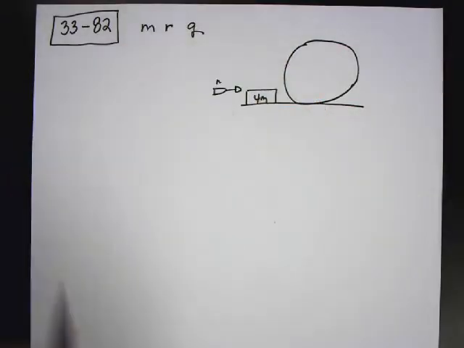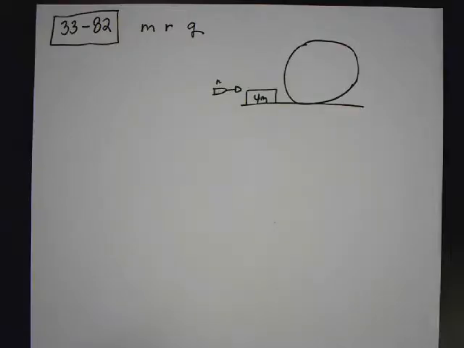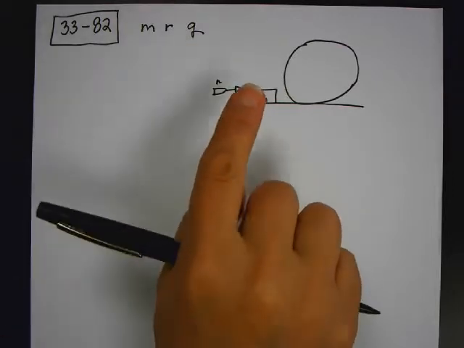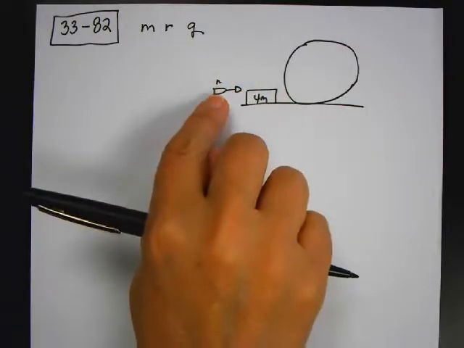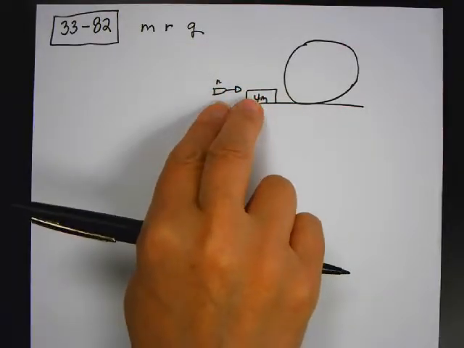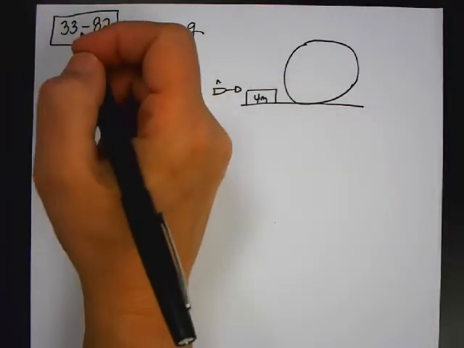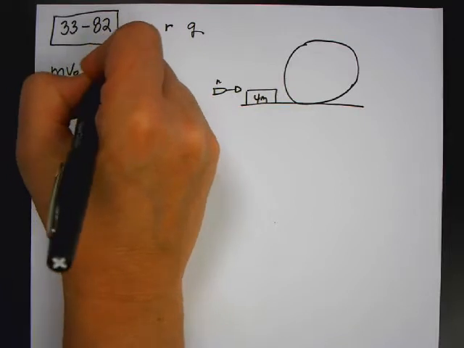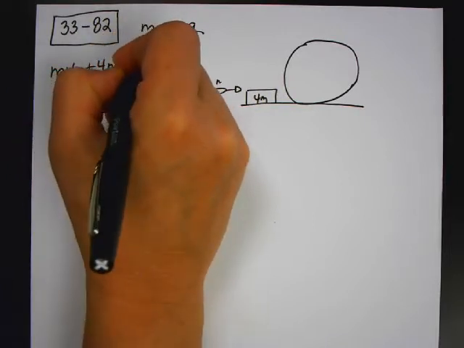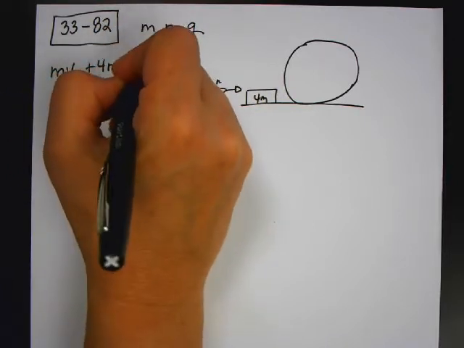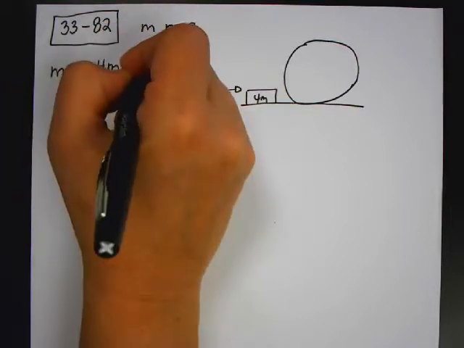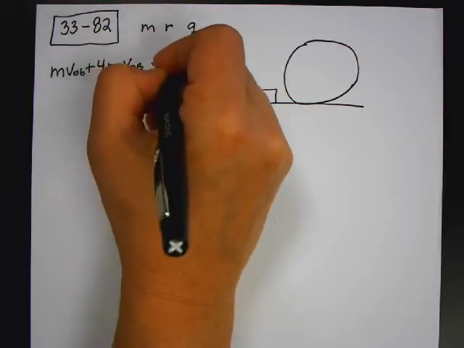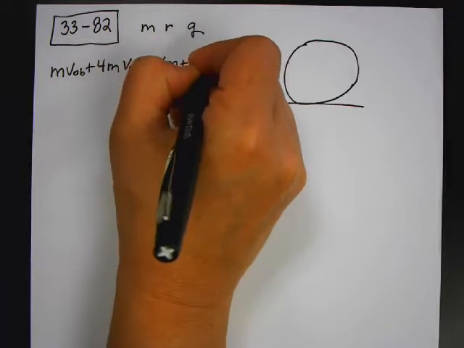little g. So in the first part, when I think about conservation of momentum, the total momentum before is going to be the total momentum here. So what I'm going to say is m v naught plus 4m times v naught. This would be the bullet, this would be the block, is equal to m plus 4m times v naught.